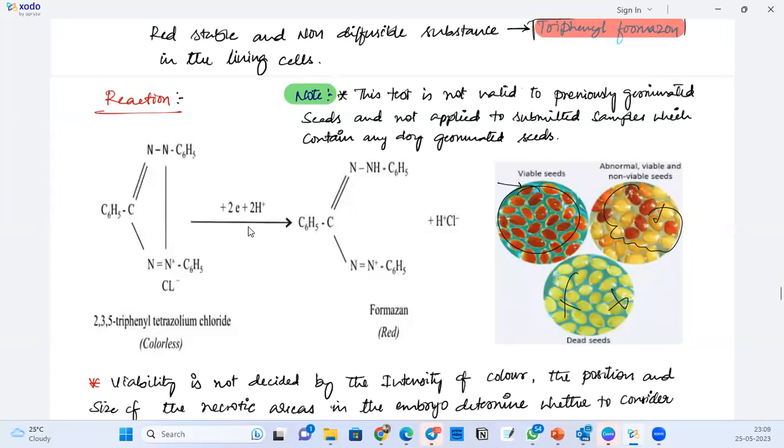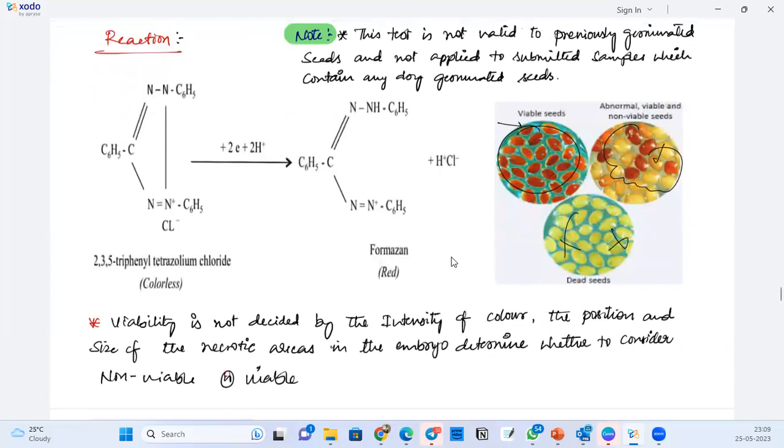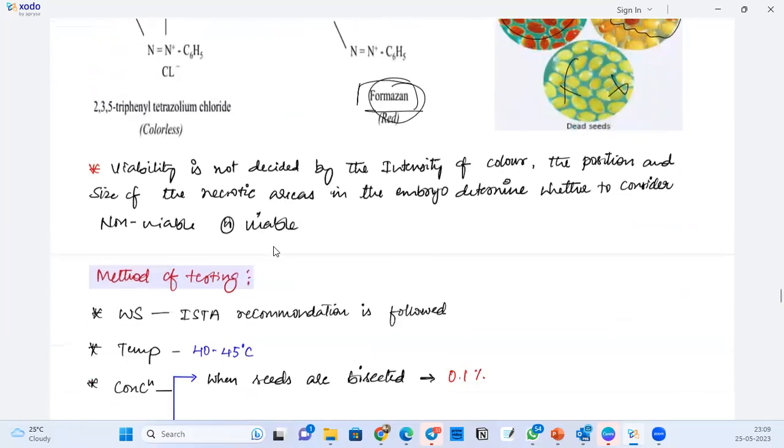Okay, this is the reaction. The compound is triphenyl tetrazolium salt, which becomes formazan by accepting 2 hydrogen atoms, where the hydrogenation takes place because of the enzyme dehydrogenase.